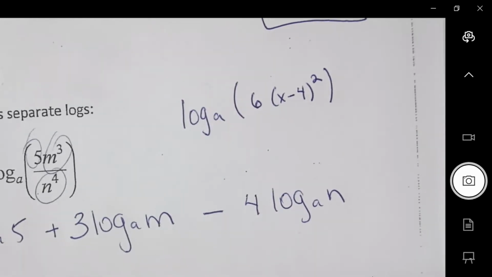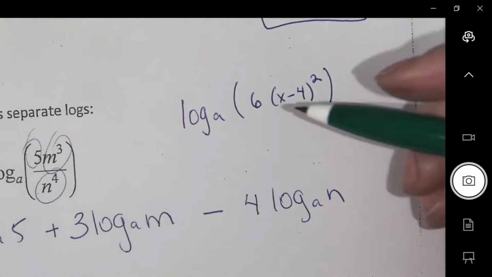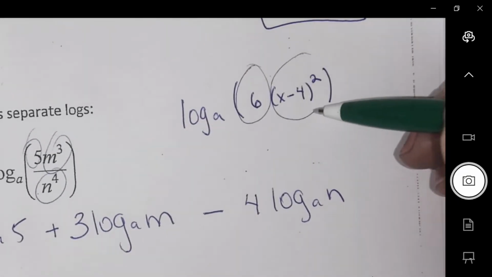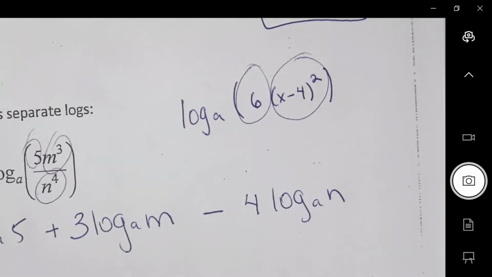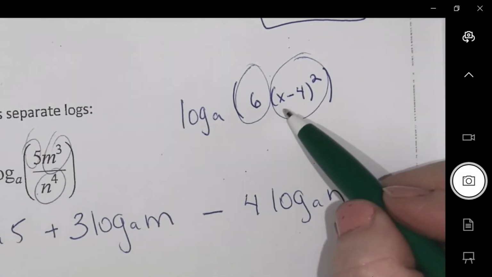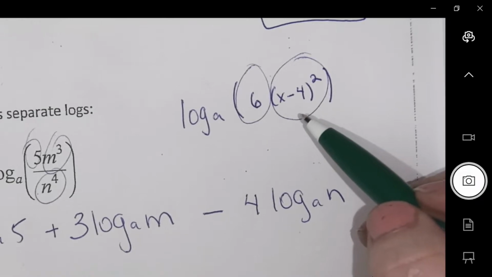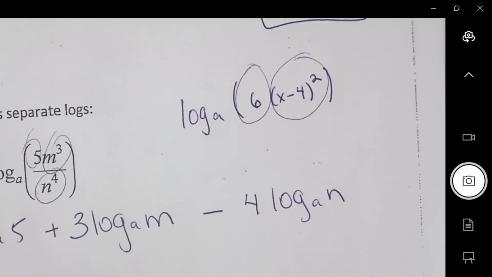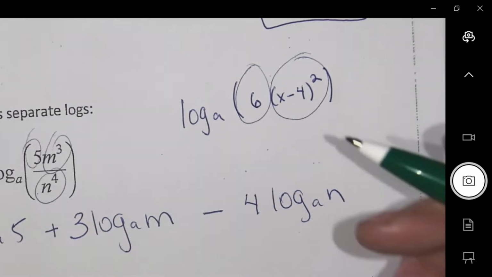If I separate something like this, there would be 2 separations, right? Like this x minus 4, it can't also split because it's connected with subtraction. It's not like you can subtract it or something like that.